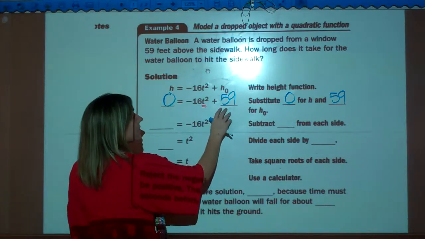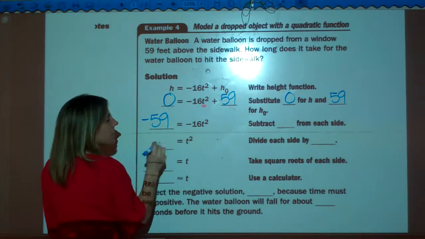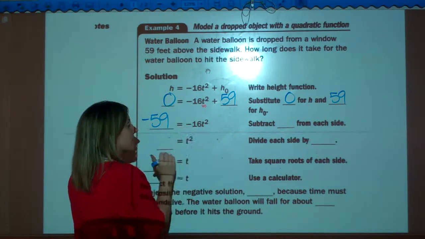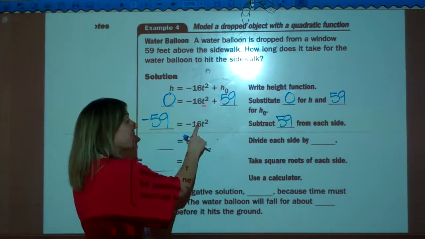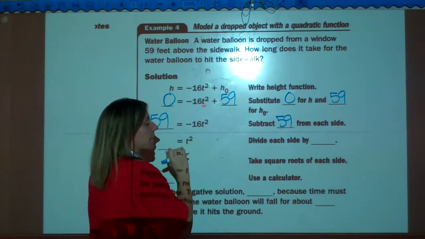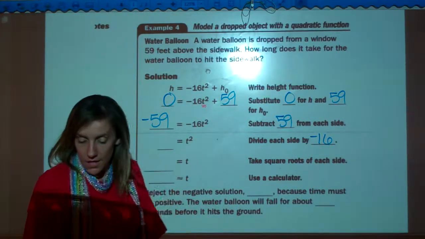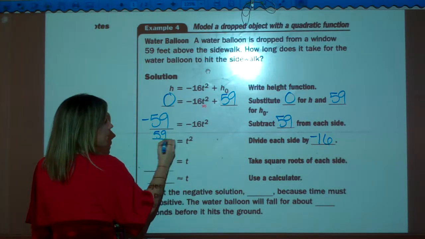By isolating the t squared, that means we want to subtract 59 over here. And if you notice, I don't have any stuff with t around. All I have is t squared. So I subtract 59 first. Then to isolate the t squared more, I divide by negative 16. And 59 divided by negative 16 is just a fraction, 59 over 16.